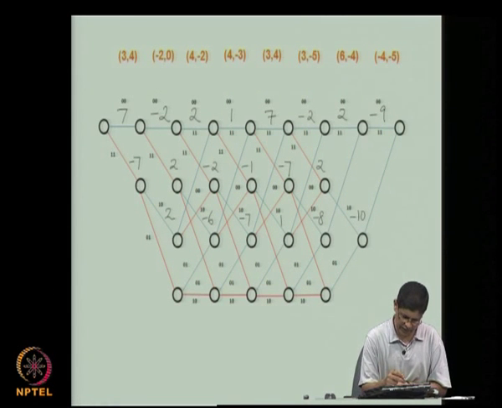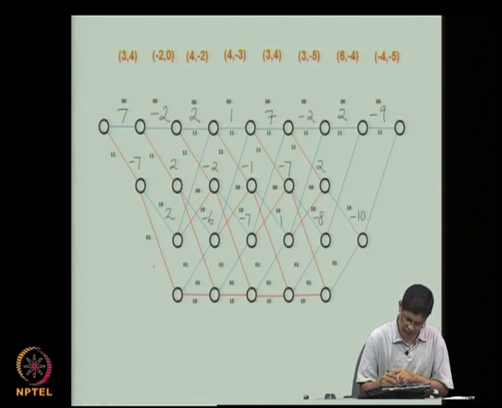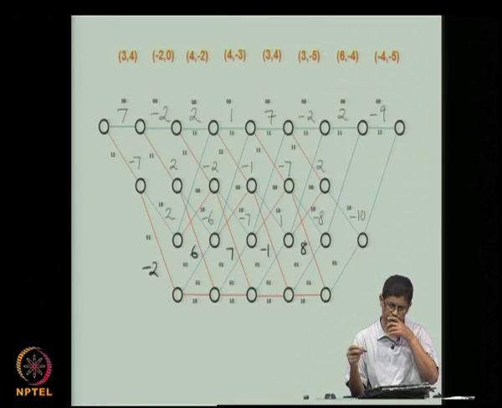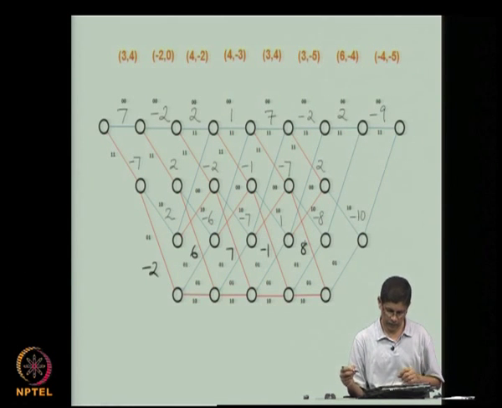Here I had the wrong branch. This is a 0 1 branch, so I need to take the first symbol with a plus and the second with a minus. So this is minus 2, and this one is 6, this one is 7, that one is minus 1, minus 1, this one is 8.